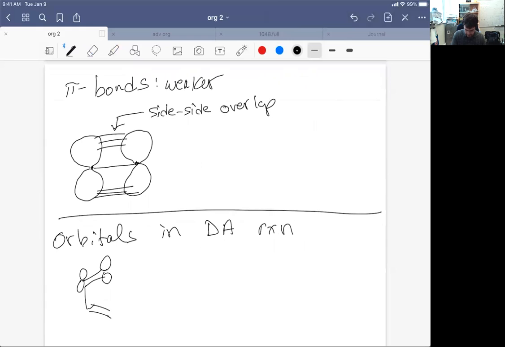We've got 4 unhybridized p orbitals for 2 times our pi bonds. And that's our diene interacting with the orbitals in our dienophile, which has 1 pi bond.